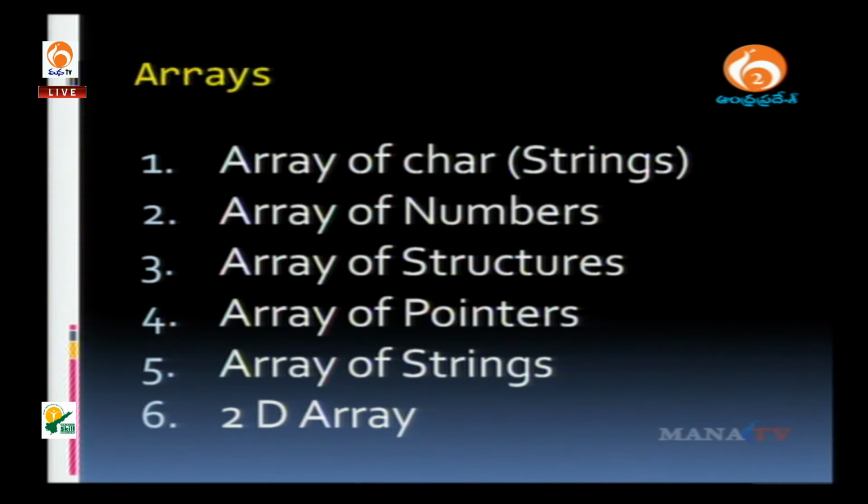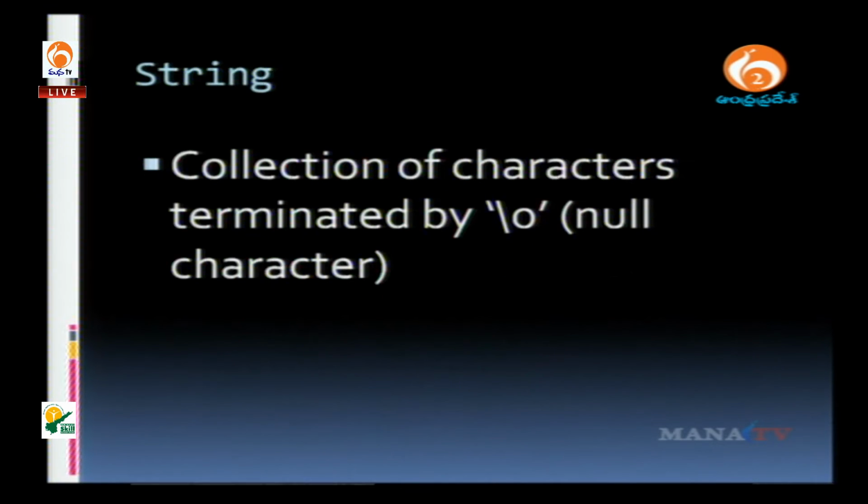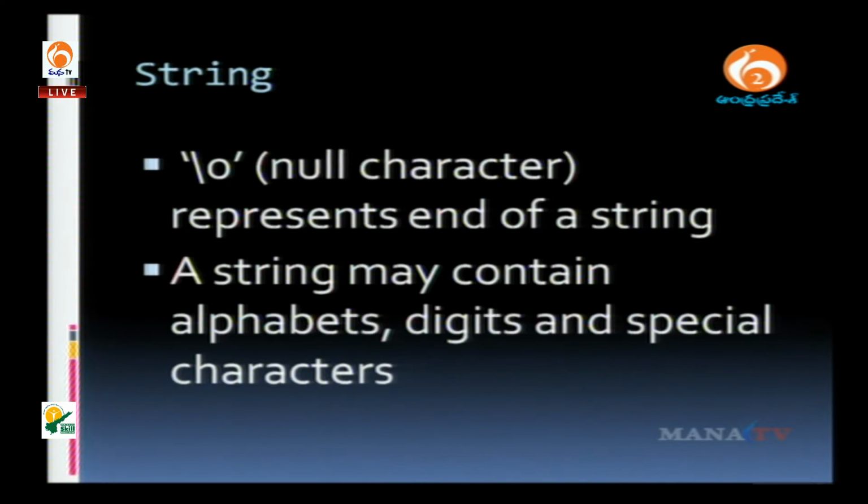Now we are going for array of characters, which is nothing but strings. Okay. The definition of a string is a collection of characters terminated by a null character. \0 is a null character that indicates the end of the string. \0, the null character, represents the end of a string.